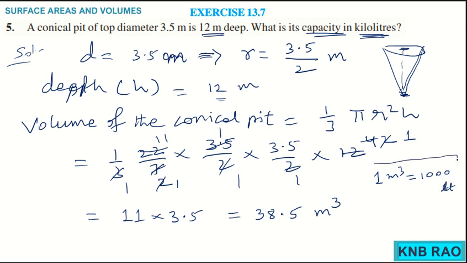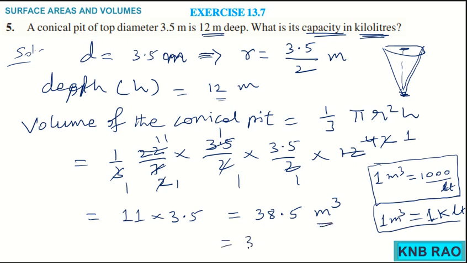I have already taught in our previous sessions how this comes. Try to follow that video. You know 1000 can be written as kilo. So 1 kiloliter is equal to 1 meter cube. So instead of meter cube I will write 38.5 kiloliters. Kilo is nothing but 1000. So 38.5 kiloliter will be the capacity.